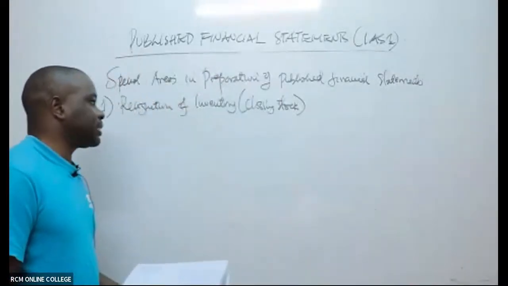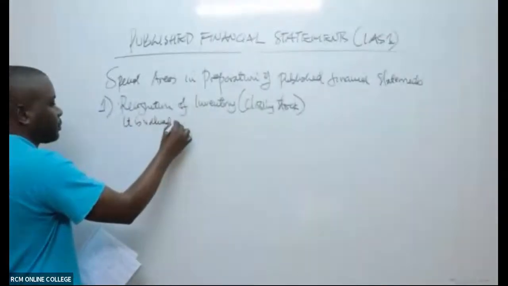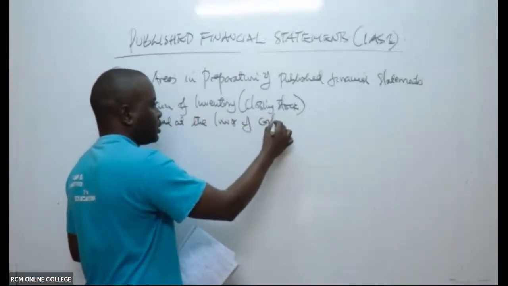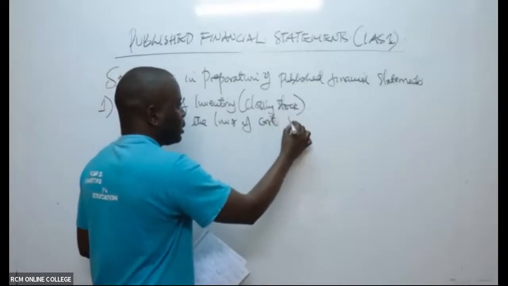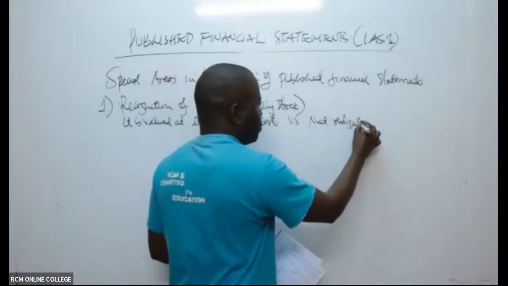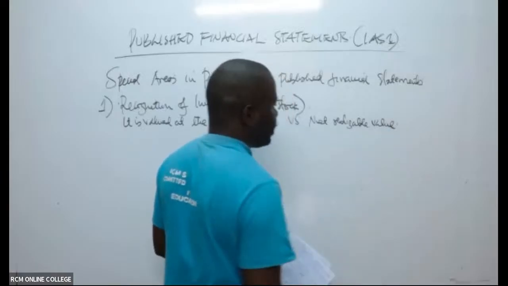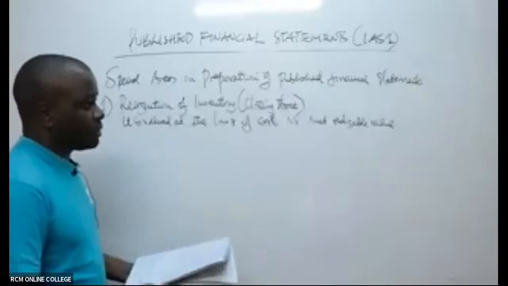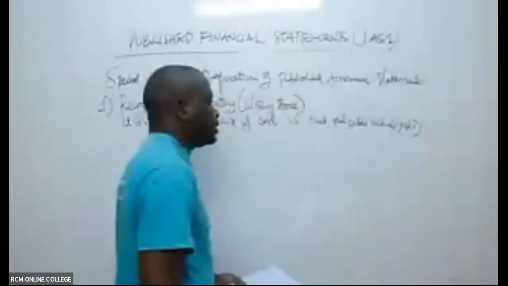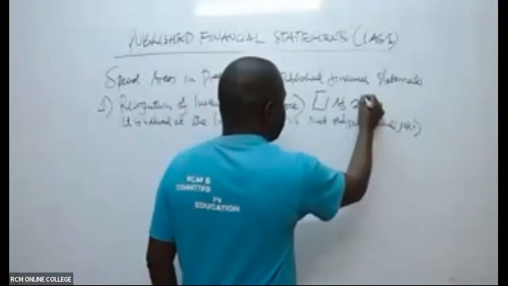Sometimes you've gotten used to calling it NRV. And this, of course, is in accordance with International Accounting Standard number 2 on inventory.